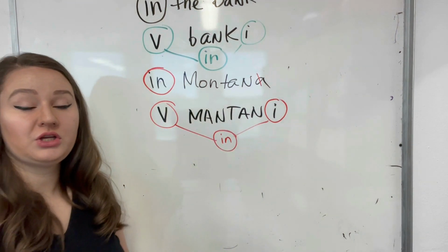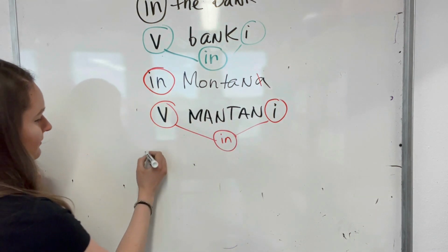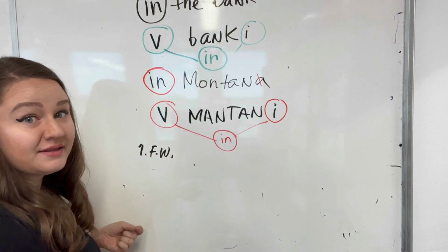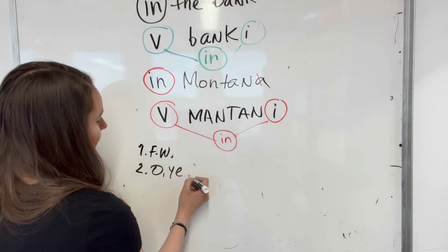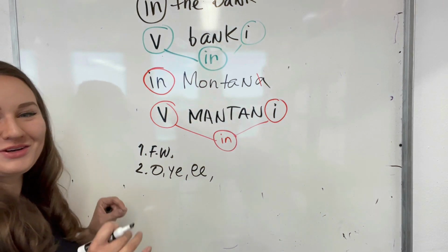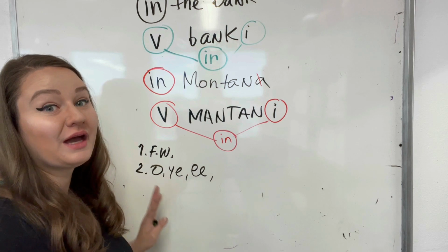In Russian language, if the word is a foreign word, this is one condition, and if it ends with sounds o, ye, e, or some other weird, not common Russian sound, we do not touch those.